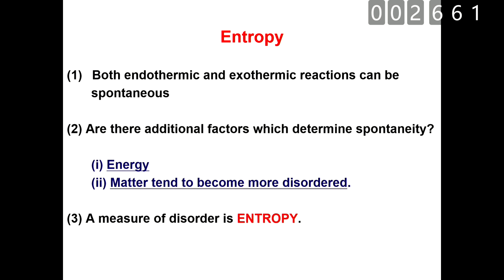So an example is a substance in solid state has less disorder than in solution. So this means the substance in solid state has less entropy than in solution. Okay? Now you understand what entropy is, what disorder is, right?